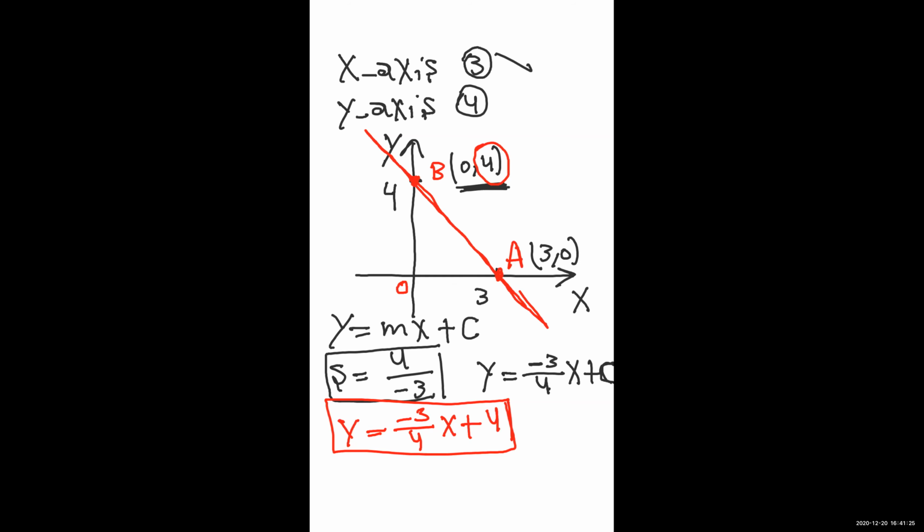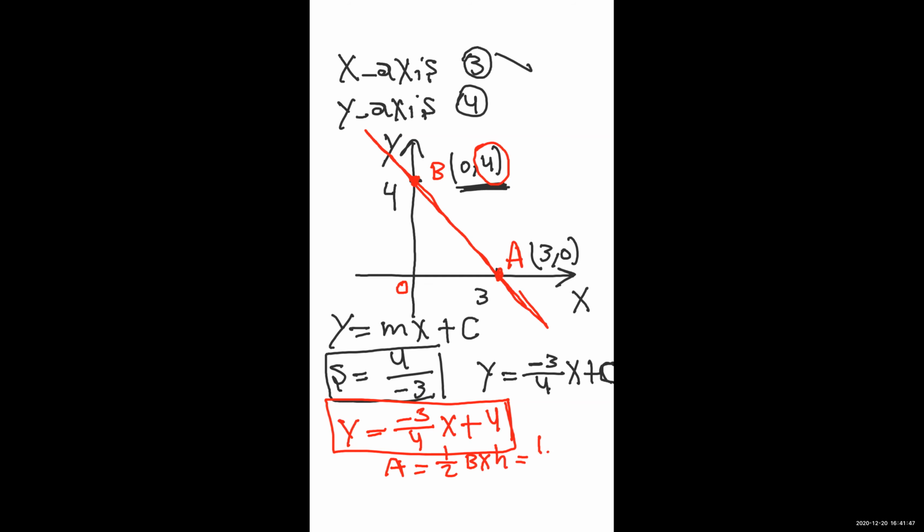Yes. Okay, that's great. Then the second part, find the area of the triangle. We want to get the area of BOA or AOB. I don't care about the names. So area will equal half base times height.